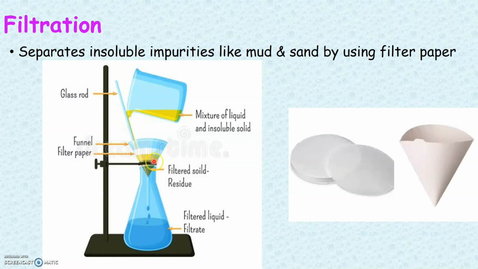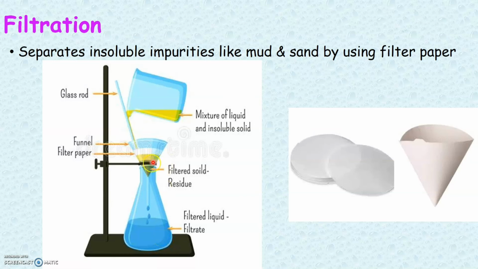Therefore, filter paper does not allow the insoluble solid particles to pass through it. Therefore, all the insoluble solid particles are collected in this filter paper, while the clear liquid or clear water passes through this filter paper, and it can be collected in a container that is kept below the funnel, as you see here in the picture.